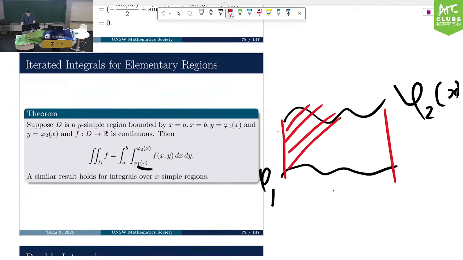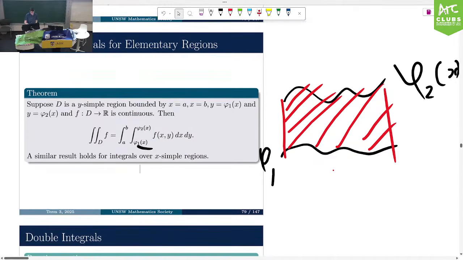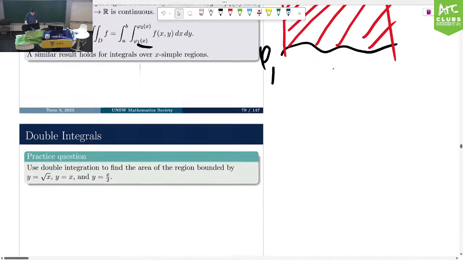So this could be our region that we're integrating over. We can do that same idea again of doing the iterative integrals to find the integral of this function. Likewise, we'll look at an example of that on the next slide.